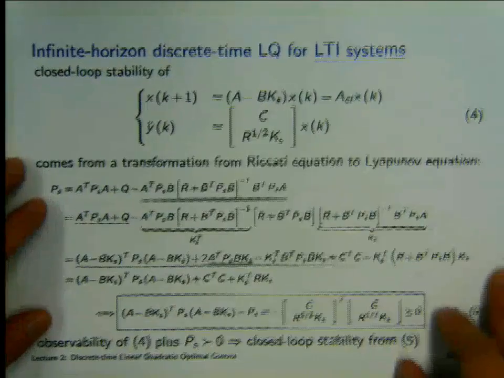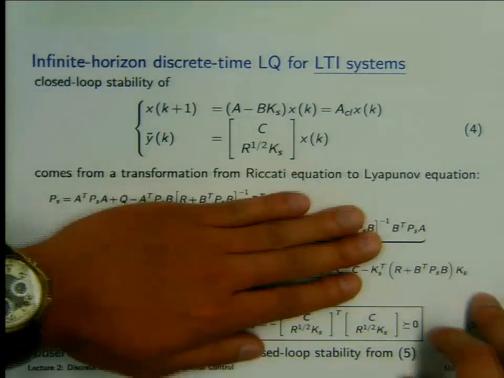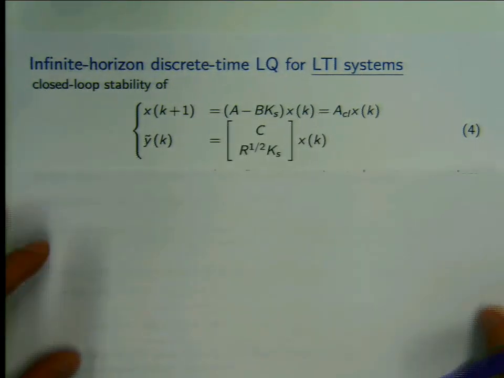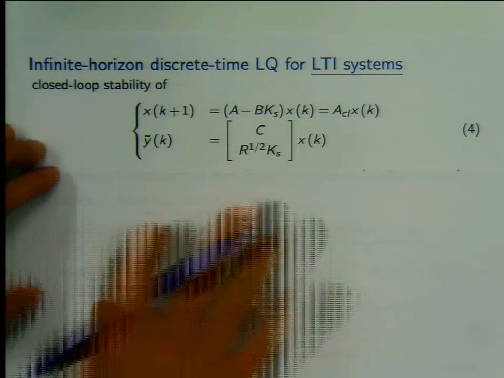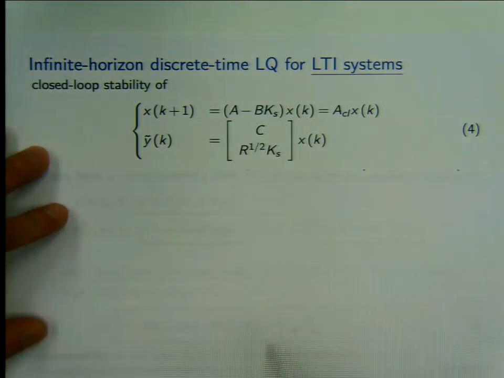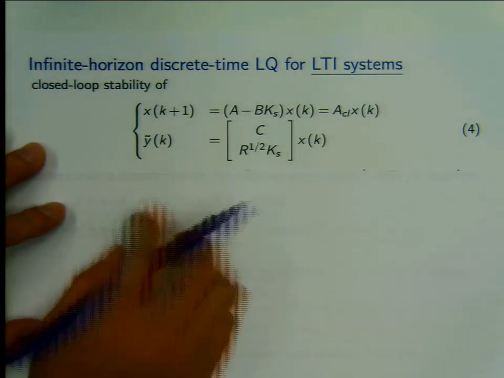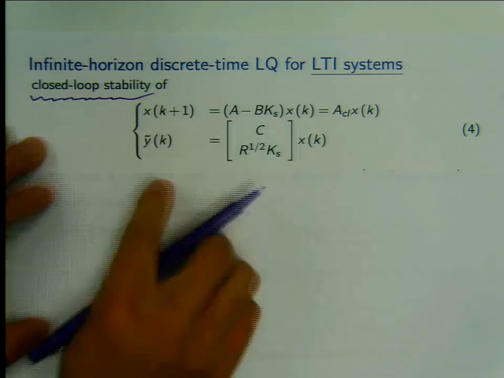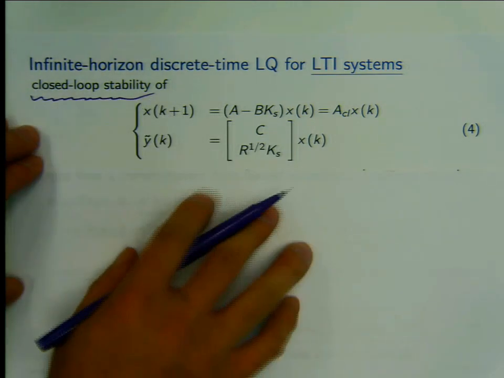Because we can find a valid Lyapunov equation. So coming back, the first two statements are the tool sets to conclude the closed loop stability of the system over here. Okay?